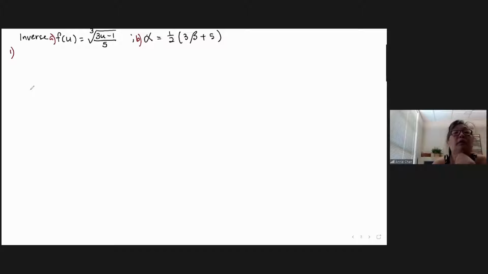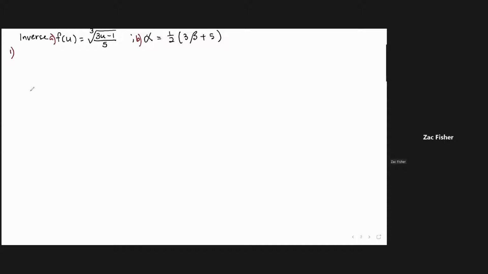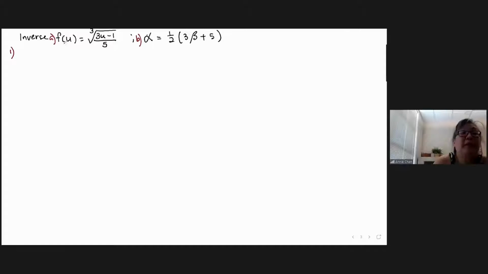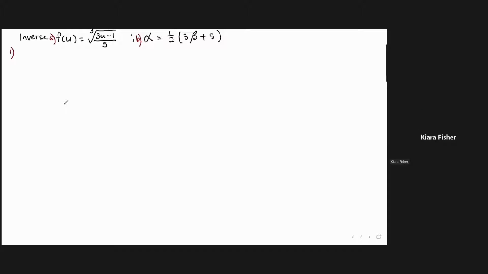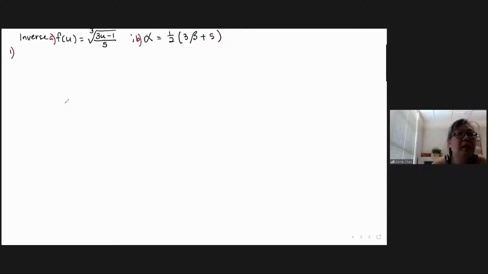What Y? I don't see no Y. Well, on an inverse, don't you have to flip the X's and the Y's? I'm pretty sure, right? Yes, but there's no Y here. So make it equal to Y, right? Can I not make it equal to Y? Can I make something else? I mean, you can make it into a Y, okay?